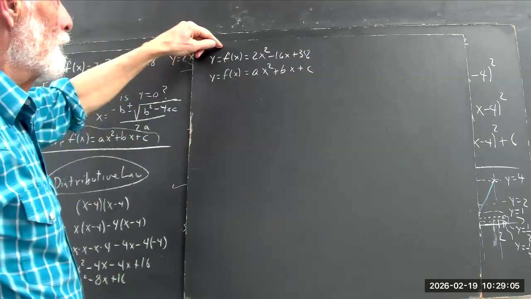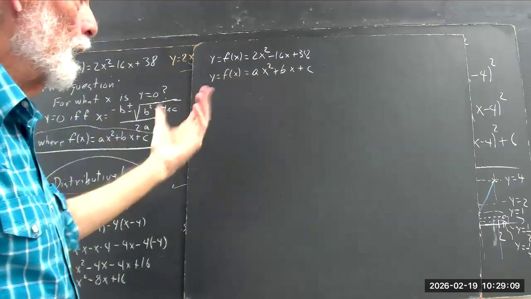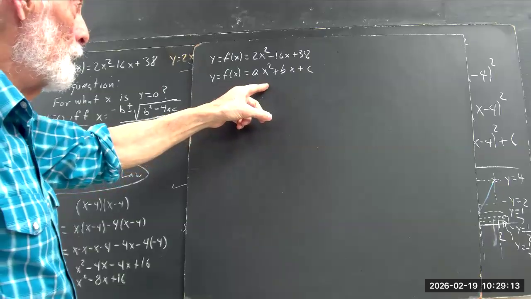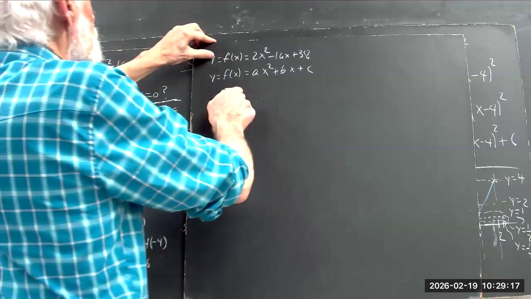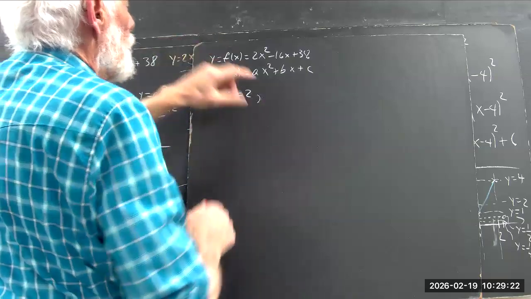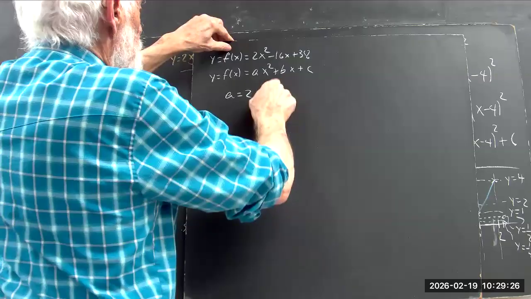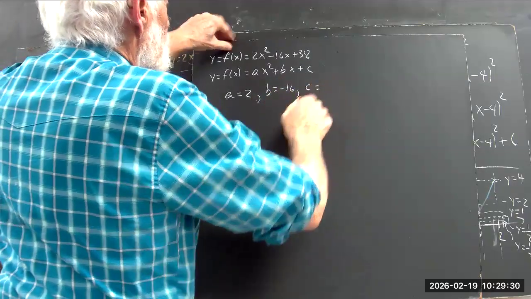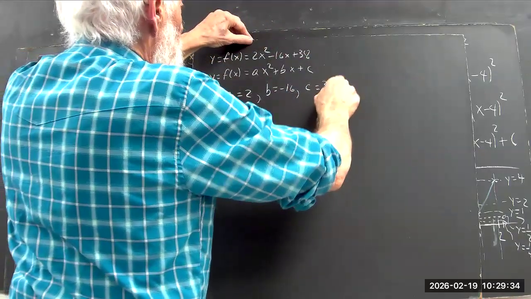Now, if this function is the same as this function, what's the value of a have to be? Well, a is what's in front of x squared, so a has to be 2. B is what's in front of x. Now there's negative 16 in front of x. B equals negative 16. And C is the number that doesn't go with an x. That's 38.